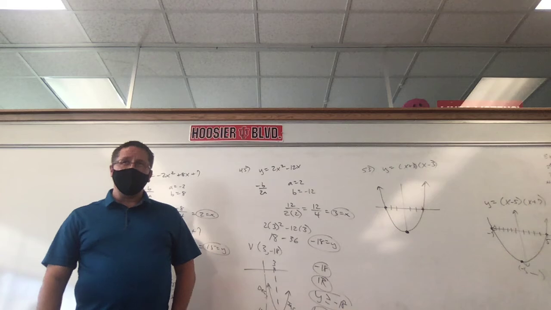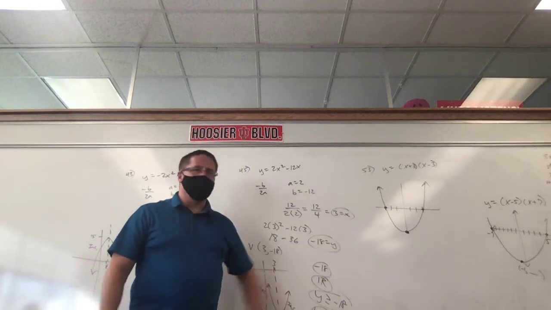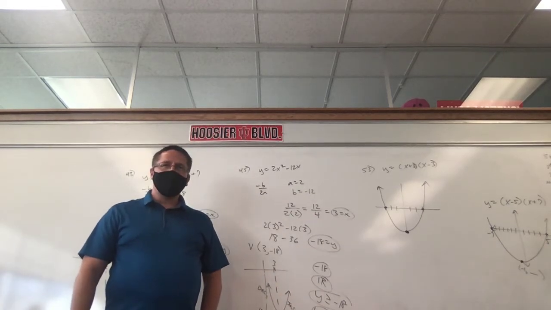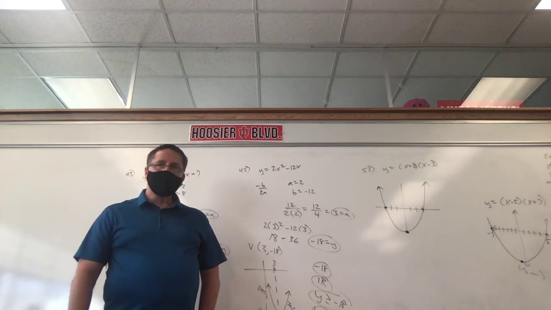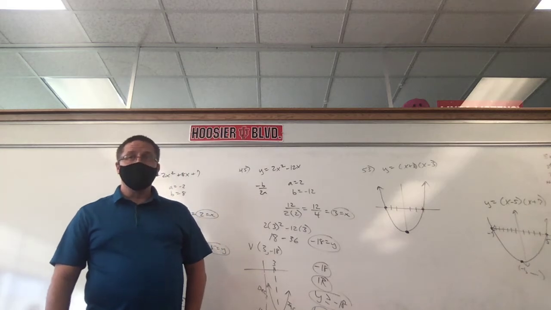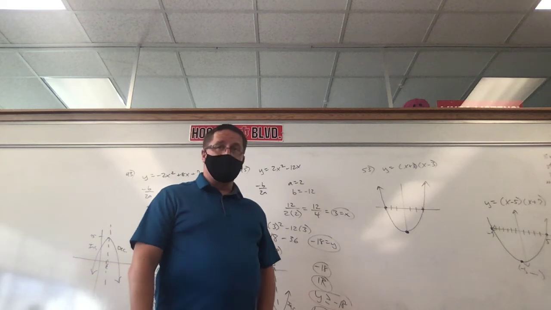How do I know it's going to go through -1 something? Wait, it still goes through 0. Well, okay, the vertex is not 0 though. You're right, it goes through 0 something, but that's not the vertex. The vertex is -1 something.